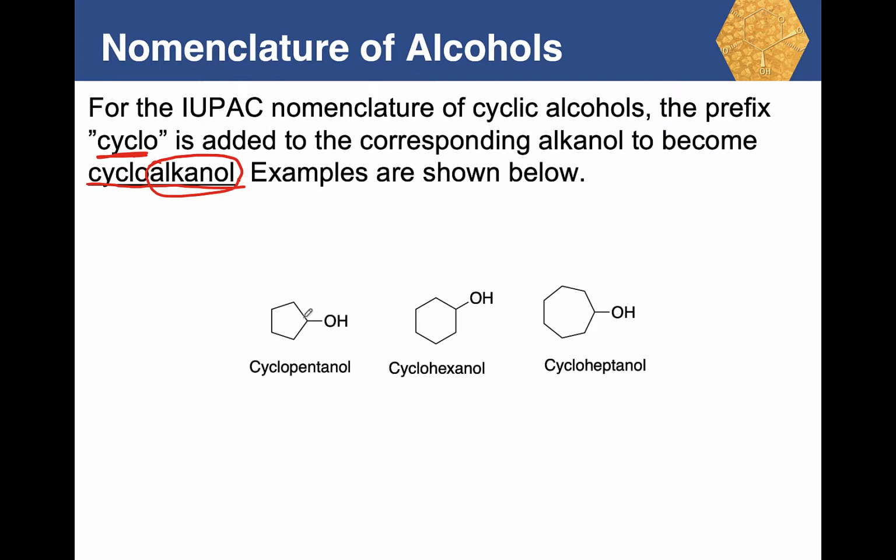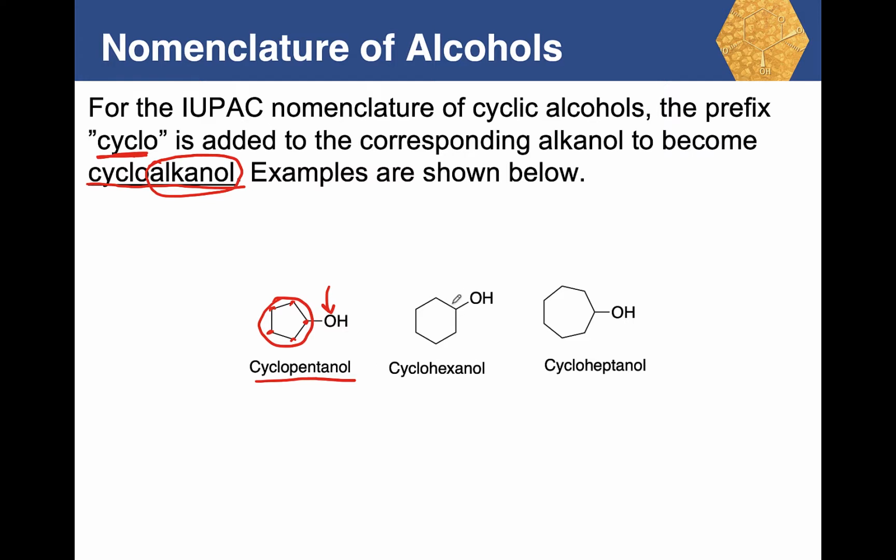So let's look at this molecule. This one has 1, 2, 3, 4, and 5 carbons, and it's in a ring, so therefore it's a cyclopentanol because of the OH. Because the term for 5 is pentane, so it becomes pentanol.